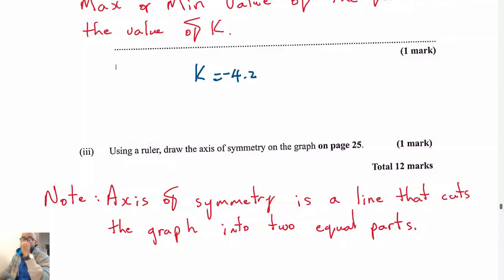If it's a U, and I want to cut the U into two equal parts, mirrored, I should put two equal parts. I'll just put mirrored here.